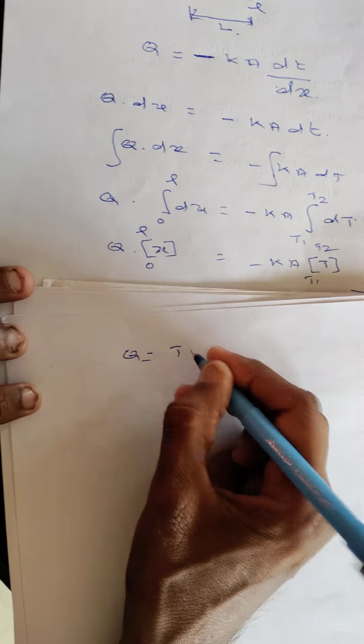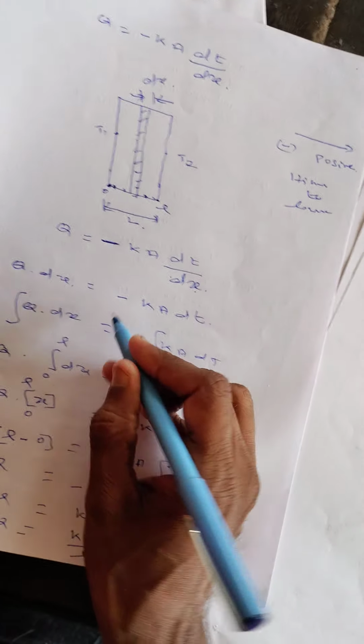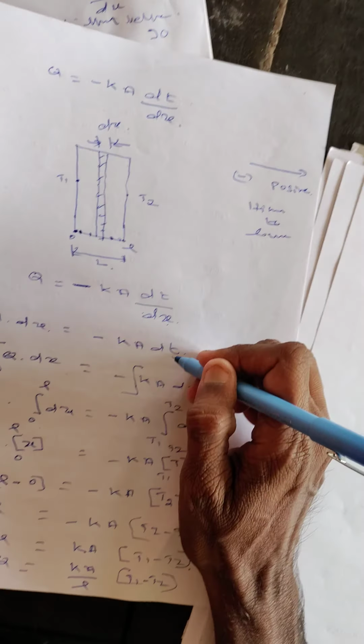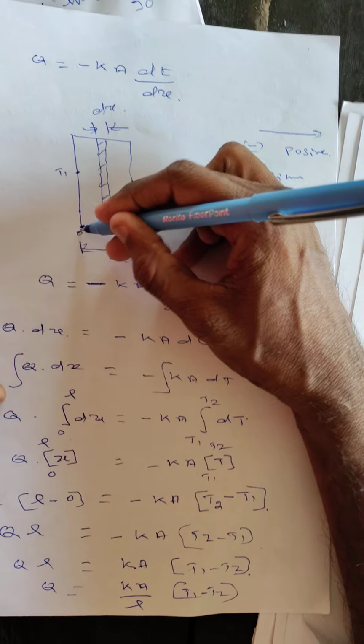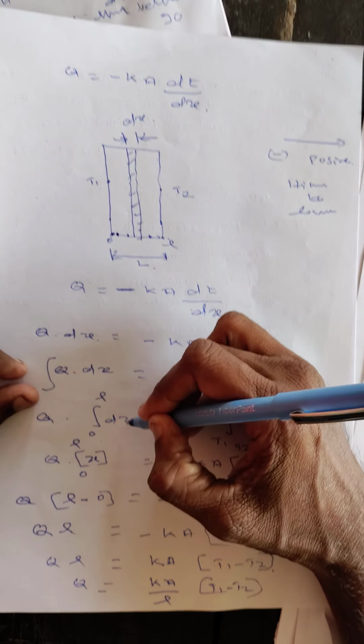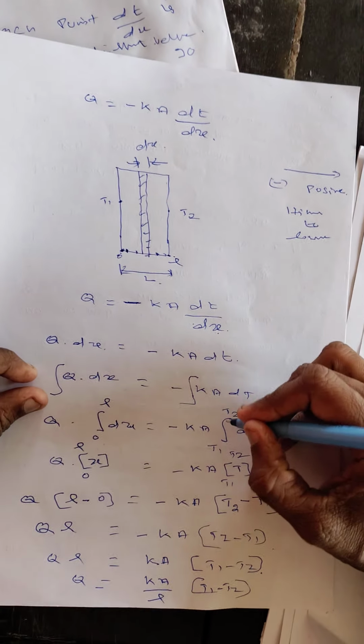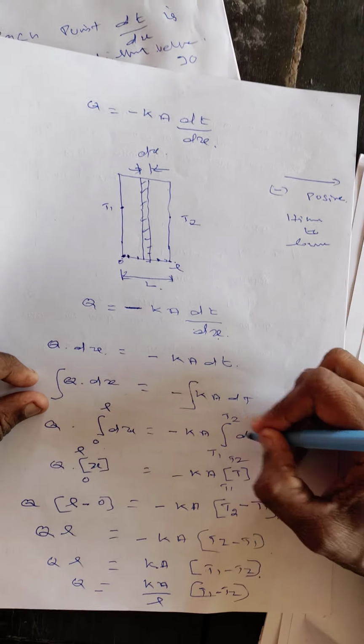If we see the equation from the beginning, Q is equal to minus K dT by dx. I bring dx to the left hand side, so Q dx is equal to minus Ka dT. Now I apply the limits: length varies from 0 to L with respect to distance, and temperature varies from T1 to T2.